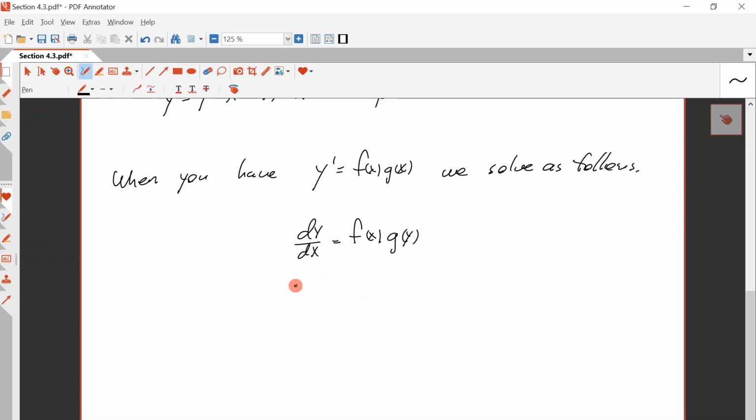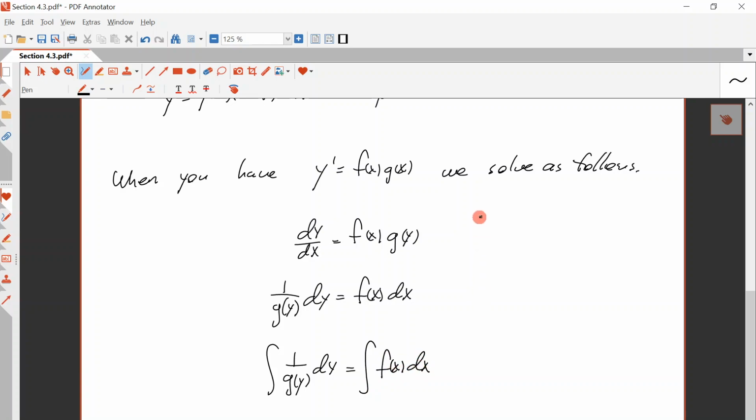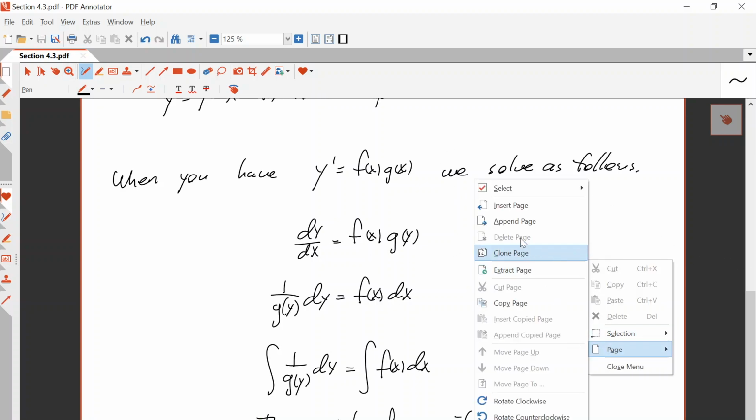So you have 1 over g of y dy equal to f of x dx, and then you take the antiderivative of each side, and then solve for y if possible. However, you can't always solve for y in these situations.